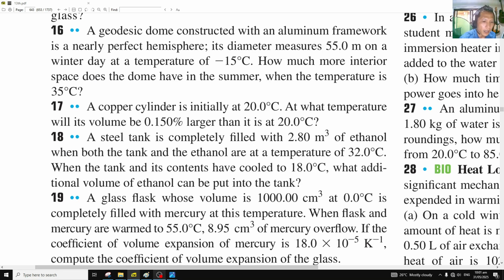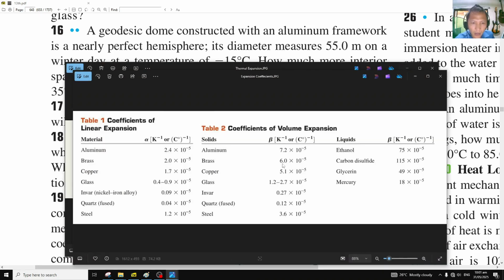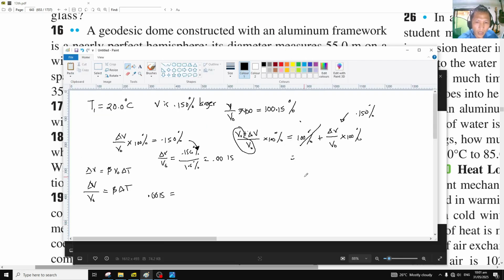So, that's a copper. So, papamilngon nimo iton beta, that is volume expansion constant. For copper, beta is 5.1 times 10 to the negative 5, per Kelvin.